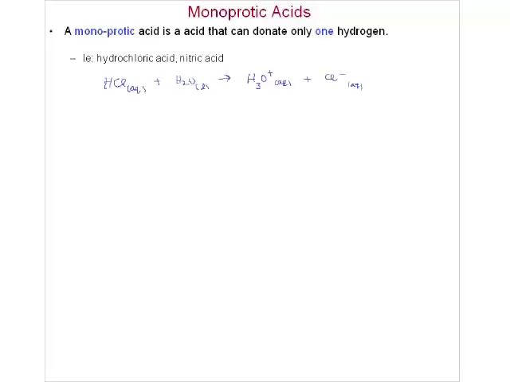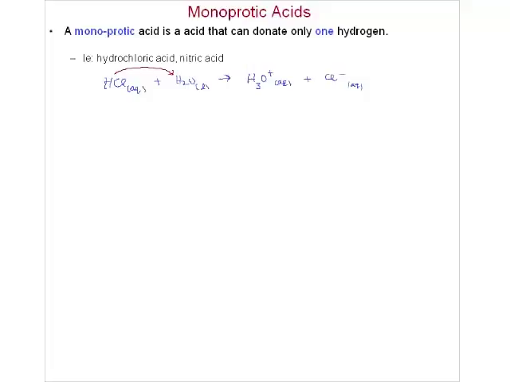So with hydrochloric acid, the hydrogen there is going to be donated to the water. That would be a Bronsted-Lowry transfer, right? That hydrogen is being transferred to the water. That's the Bronsted-Lowry definition, where the hydrochloric acid is acting as the acid, it's donating, and the water would be acting as the base. It would be accepting the hydrogen.